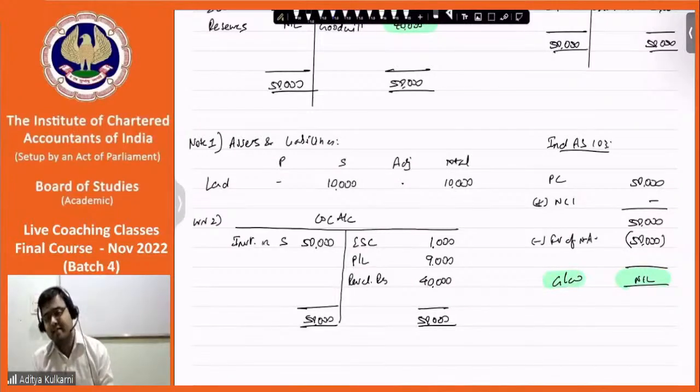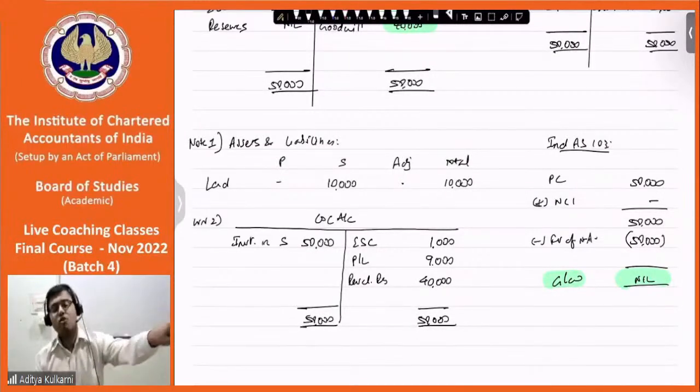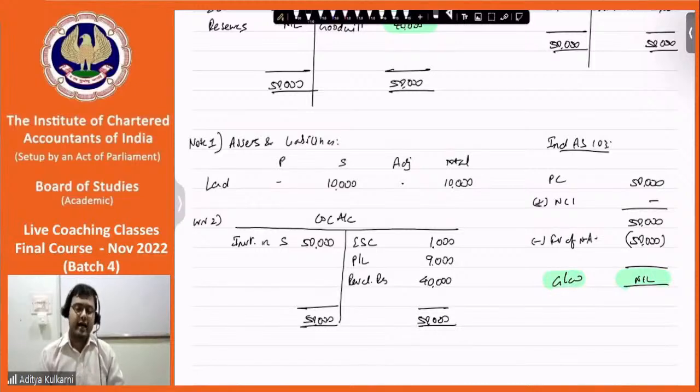Because these movements happened before you acquired control, they will go in your cost of control account. Whether it is pre-P&L or pre-revaluation reserve, my goodwill ultimately becomes 0.